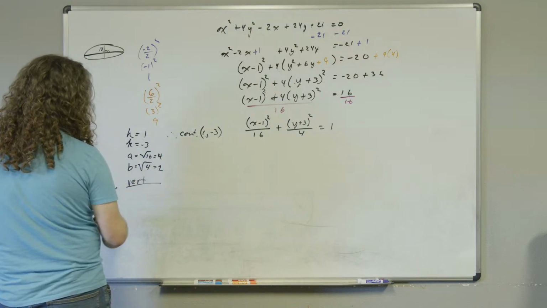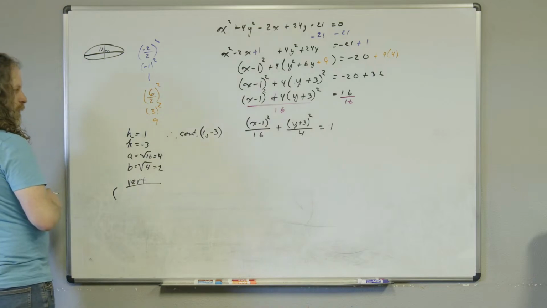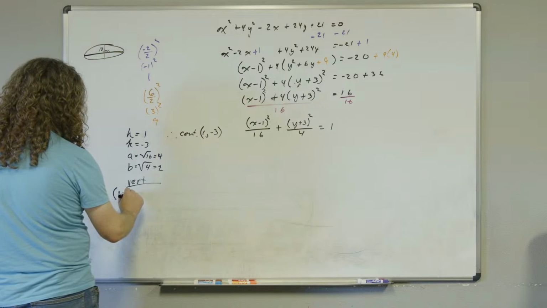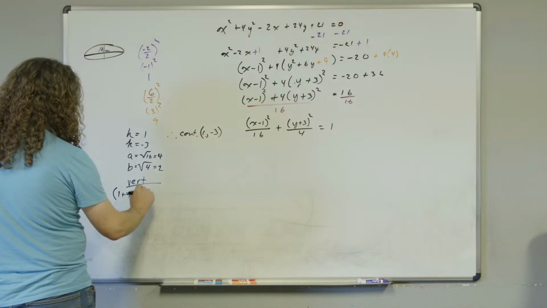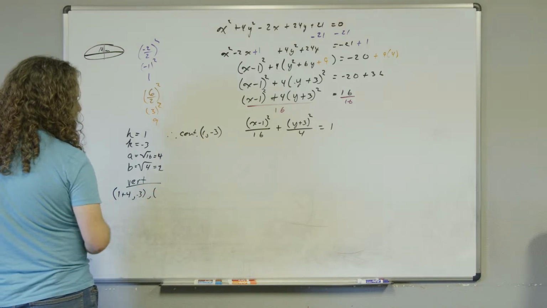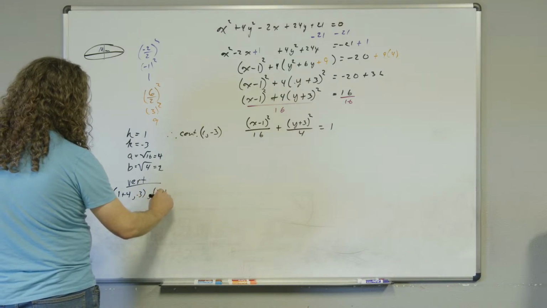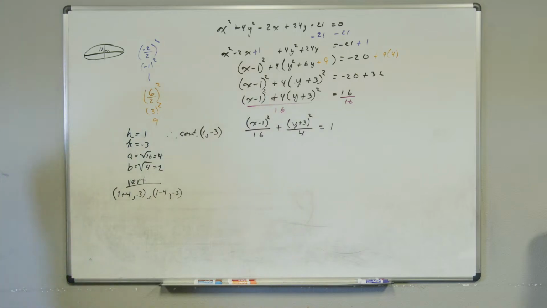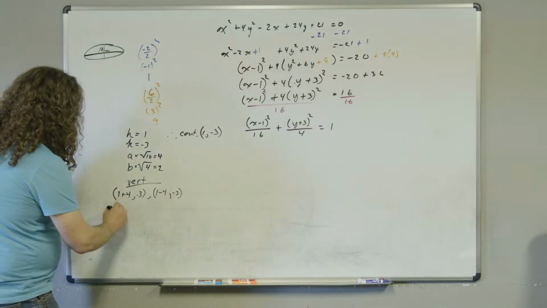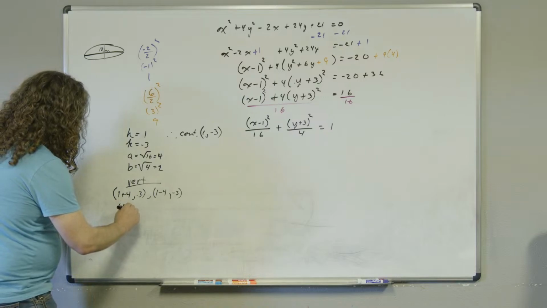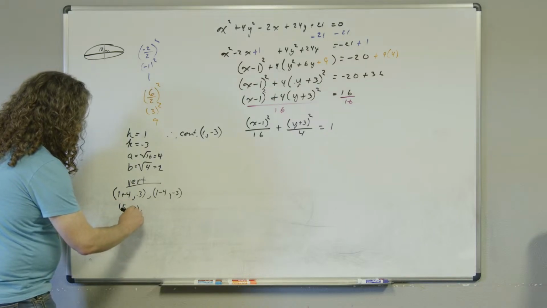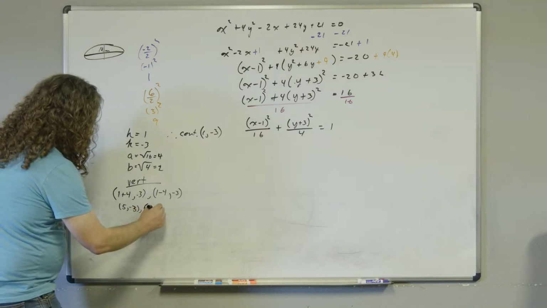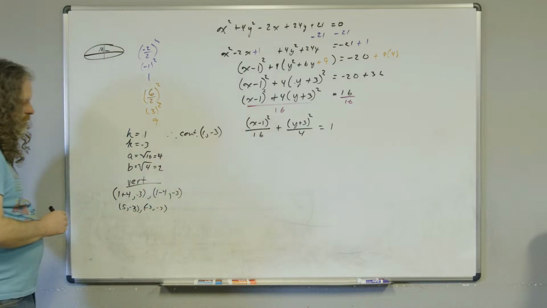So one of the vertices would be 1 plus 4, which is 5, negative 3. The other one would be at 1 minus 4, negative 3.